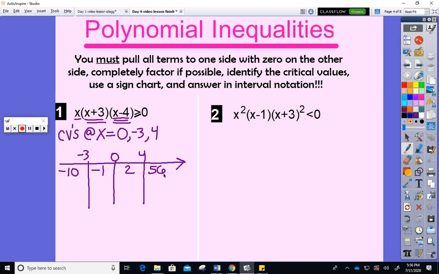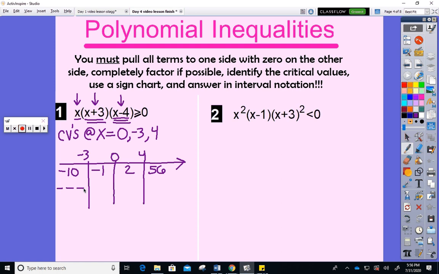So now what we do is we plug in to the factored form. So if I sink negative 10 into x, my first little bitty factor turns out negative. When I sink negative 10 into x plus 3, that would give me negative 7, which is negative. When I sink negative 10 into x minus 4, that would give me negative 14, which is negative.